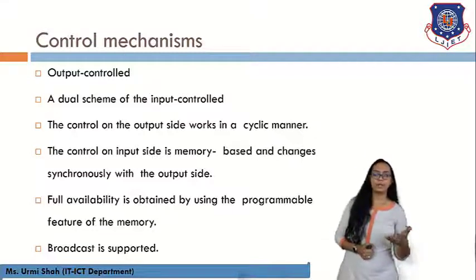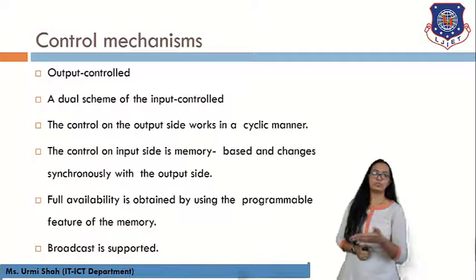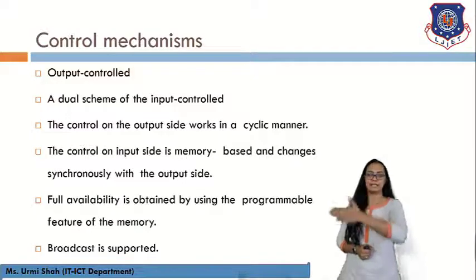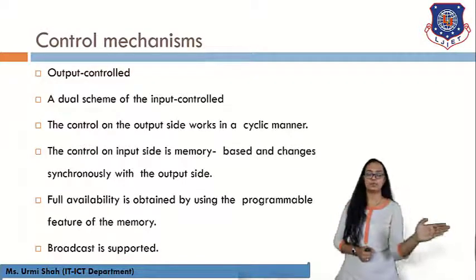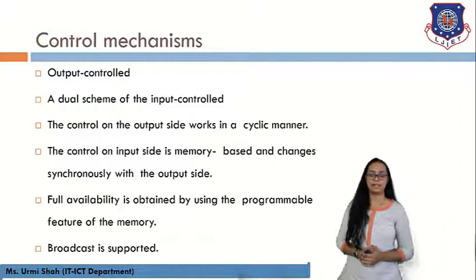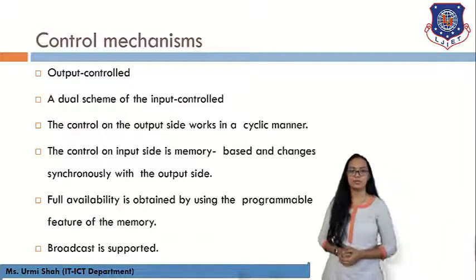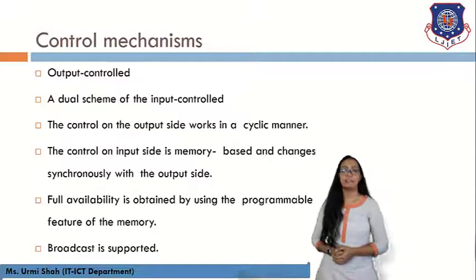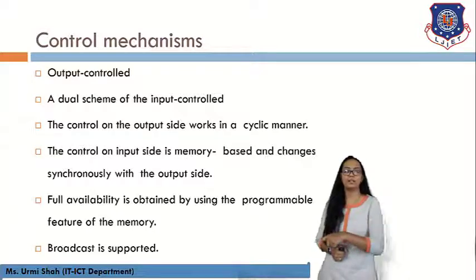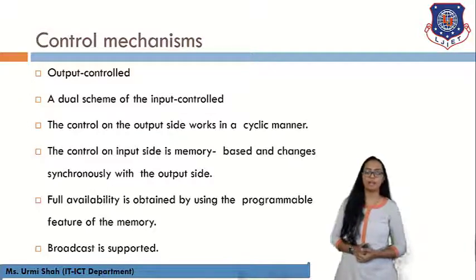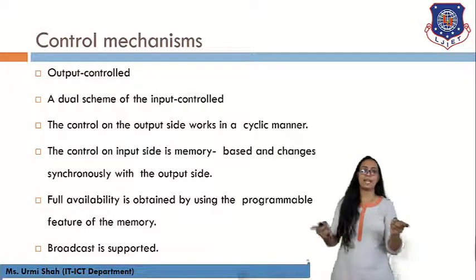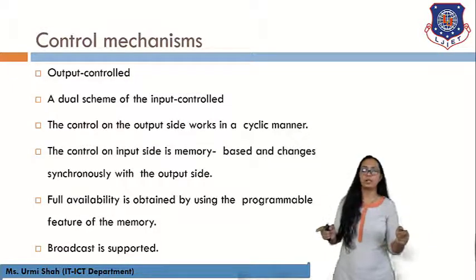It is a dual part, or the replication of the input control part, but it is acting as an output side whereas input control was at input side. The control on the output side works in a cyclic manner, and over here the control on input side is memory based. So it is exactly the replica of input control.